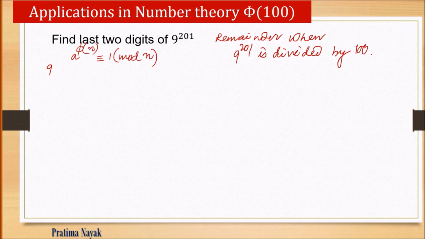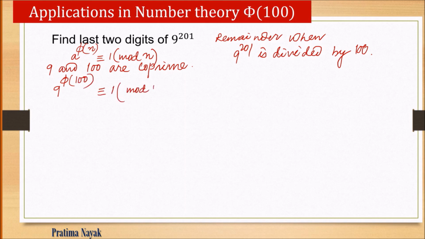Here our n is 100 because we are dividing by 100, and a is 9. 9 and 100 are co-prime, so I can use this function here. So I can write 9 power phi of 100 is congruent to 1 modulo 100. That means when 9 power phi of 100 is divided by 100, we get the remainder 1.